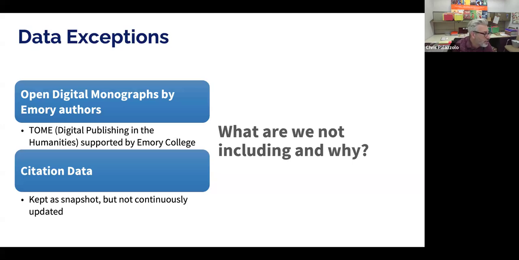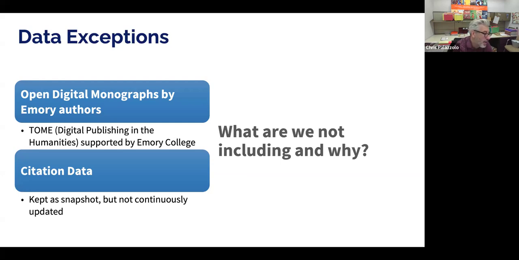And we also did not include citation data right now because we're trying to get a snapshot here, and we didn't want to have to continually update the data. Right now, we didn't have a way to consistently do that in an easy fashion, to refresh the data rather than just on an annual basis.